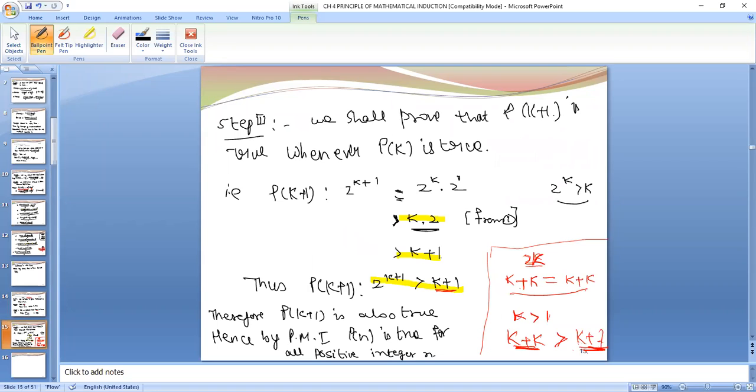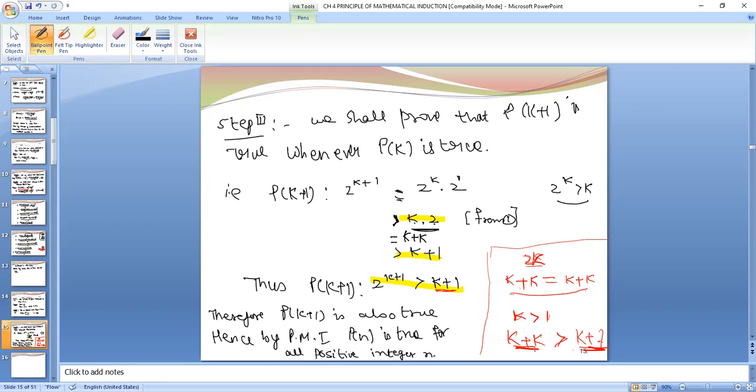Then step 3, we shall prove that P(k+1) is also true whenever P(k) is true. So for P(k+1), we take 2 raised to power k plus 1, which we can write as 2 raised to power k into 2. Since 2 raised to power k is greater than k, we can write it as greater than k into 2, which means 2k, right? Which is equal to k plus k, which is greater than k plus 1, because we are taking all values of k greater than 1.